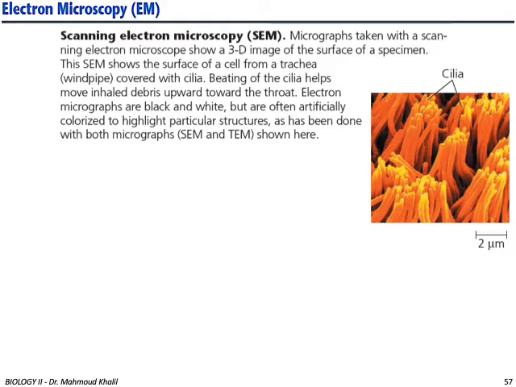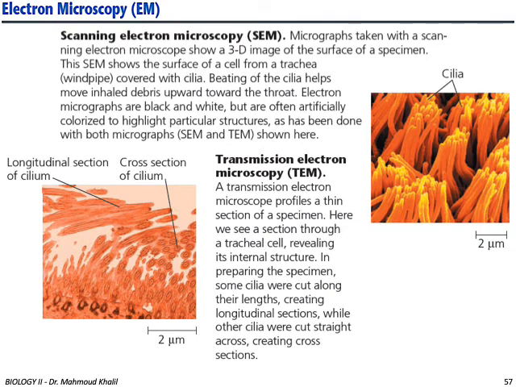Normally the photos appear black and white, but using specific software we can colorize the photos. For the transmission electron microscope, if you need to see the internal structure of these tracheal cilia, you can use a transmission electron microscope. In the photo, you can see the cilia have been cut either longitudinally or in cross-section.